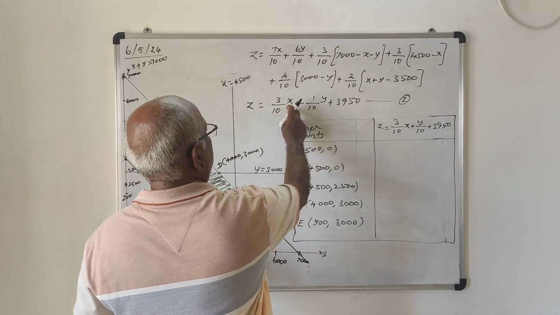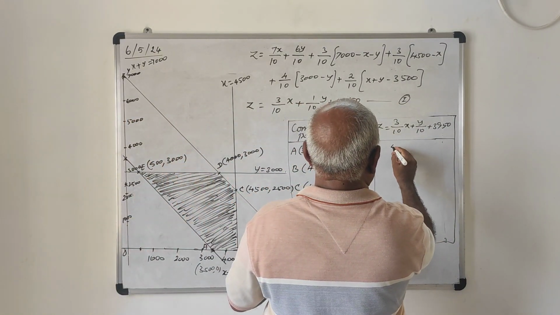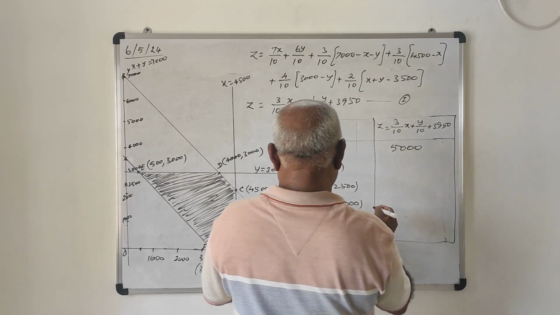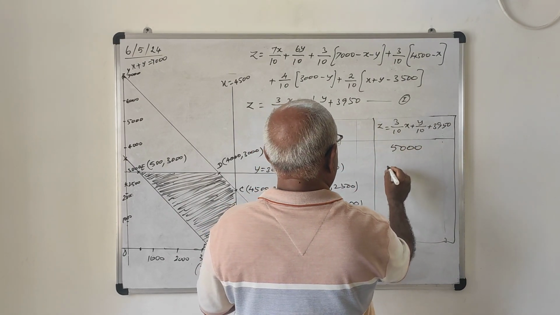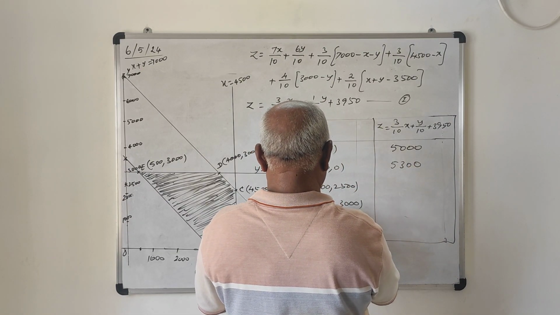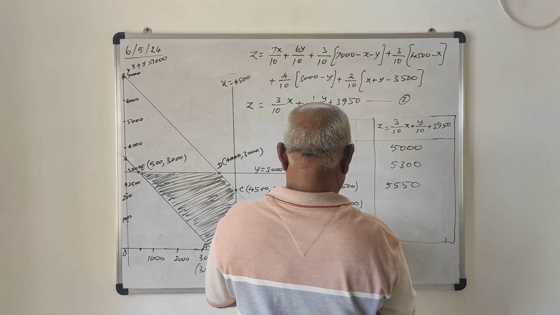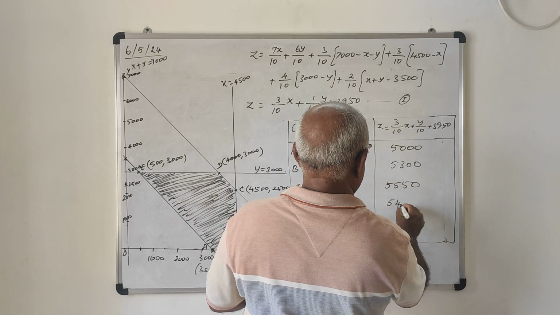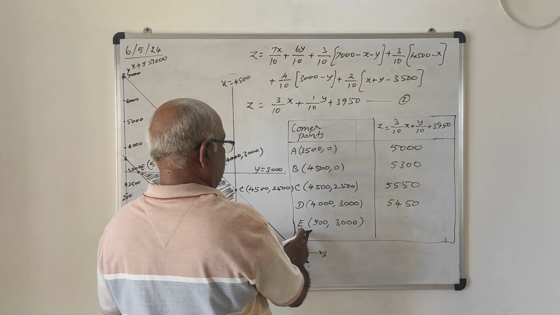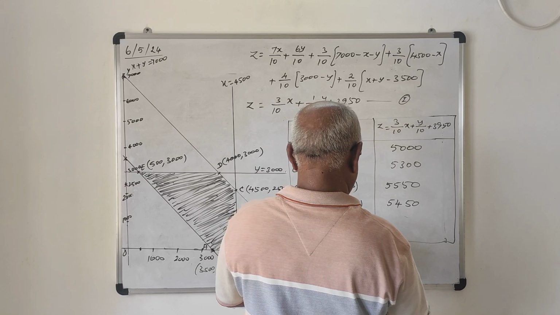If you substitute x equal to 3500 and y equal to 0, the first value is 5000, and the next one, B, is 5300. Substituting point C, it is 5550, and D is 5450. If you substitute E, you will get 4400.